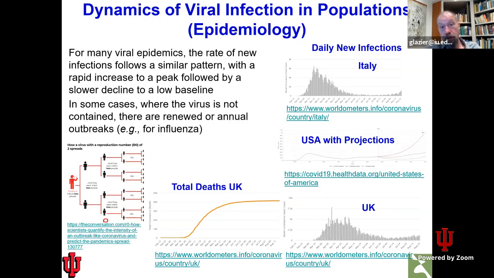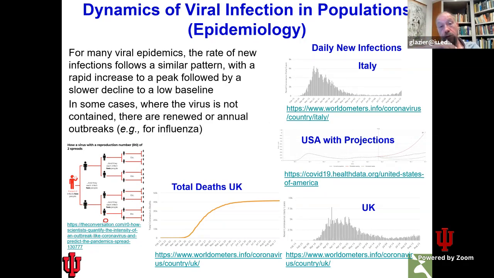So there's a difference between primary exposure and secondary exposure. With flu, almost everybody in the world has had the flu at least once, so people aren't typically immunologically naive. However, the pattern of infection for flu winds up being rather similar to that for COVID. This pattern of an epidemic, where you get rapid exponential growth, a peak, and then slower exponential decay, is pretty typical.